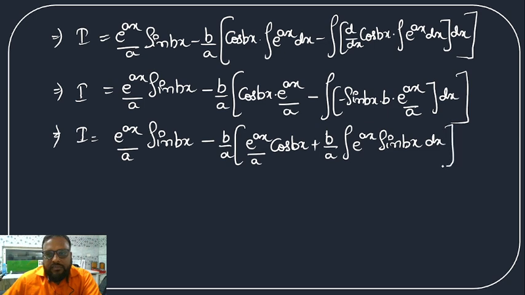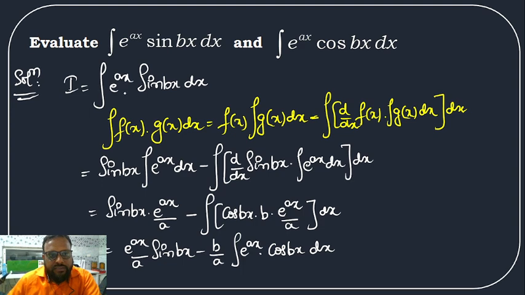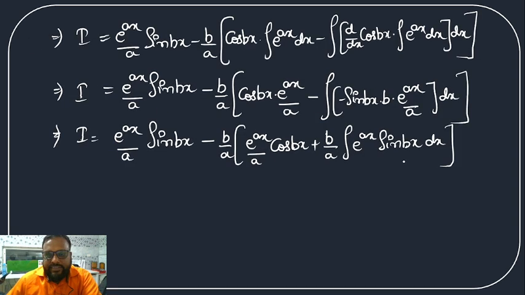Right? We know that this is what we took as I. That is the integration part. So in place of this integration of e to the power of ax sin bx dx, I will write here as I. See, we already took it. Then what does it become?